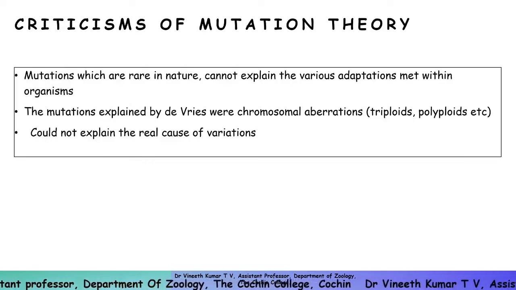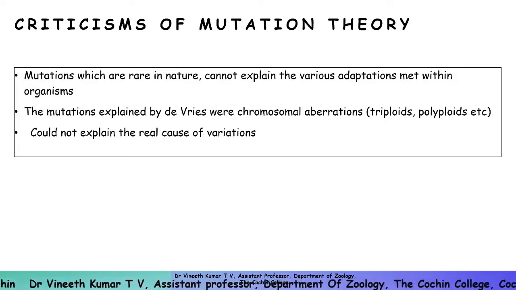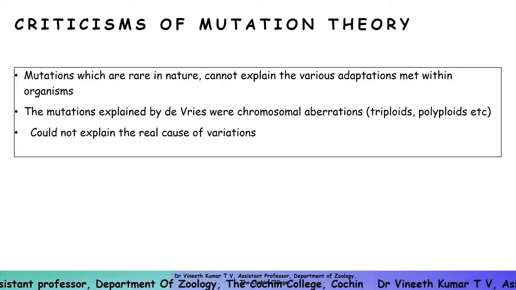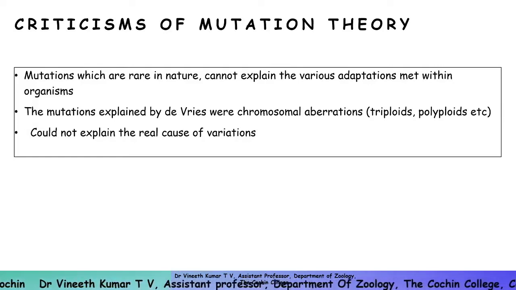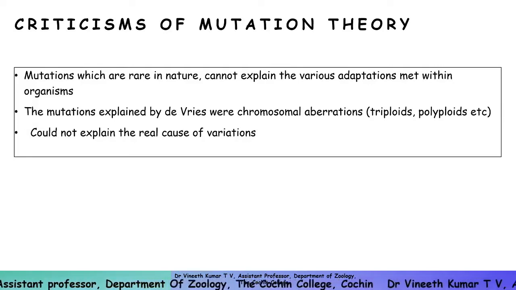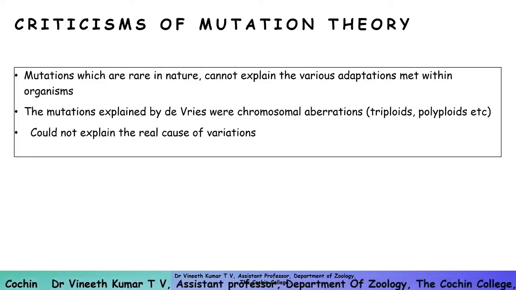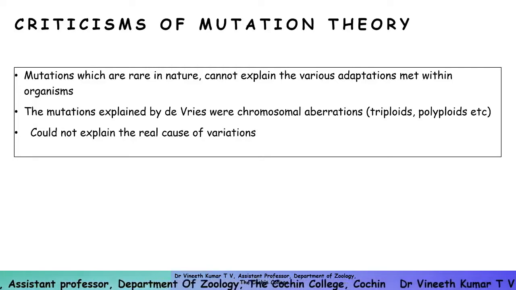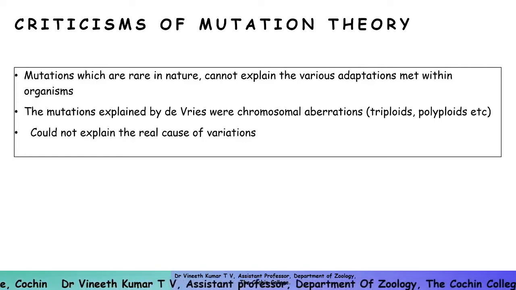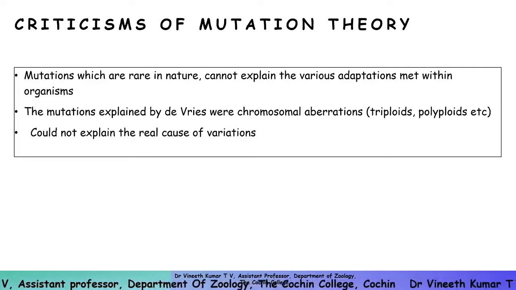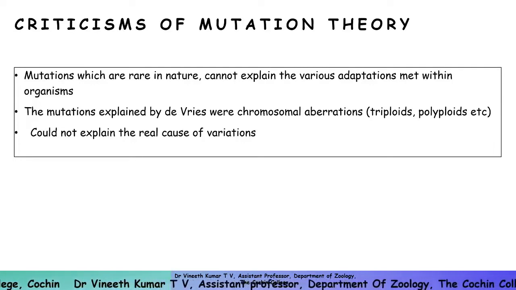And coming to the criticisms of mutation theory. Mutations are very rare in nature. Mutants do not appear at a constant rate or as a natural process. They are very rare in nature, and as a result, they cannot explain the various adaptations met within organisms.